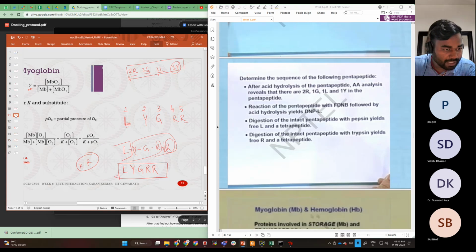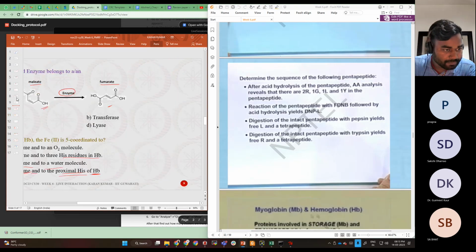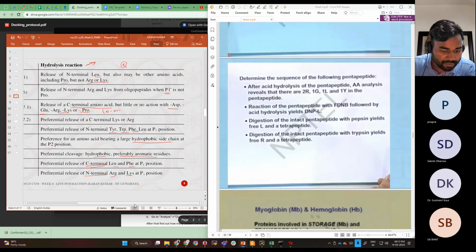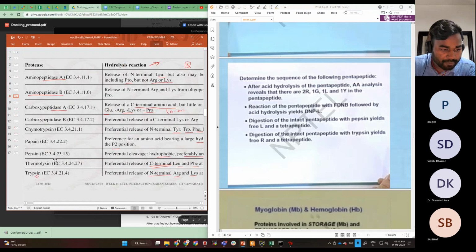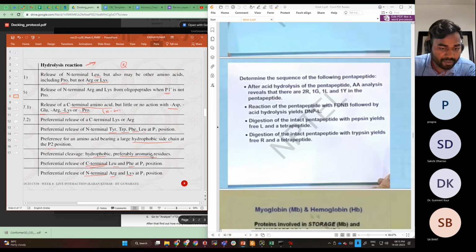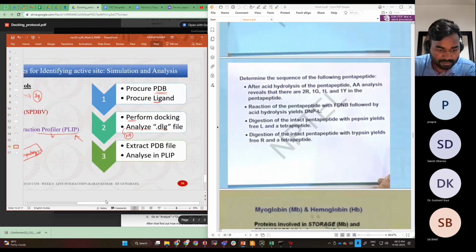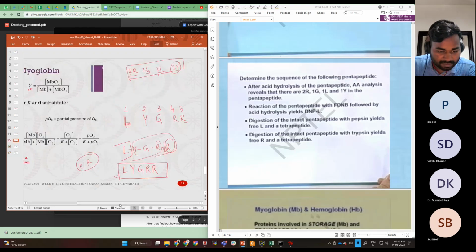This is what I had given in the table: the preferential cleavage site of pepsin is hydrophobic, preferably aromatic amino acid. Okay, so after L, you will have Y. Is it clear? Yes, sir.